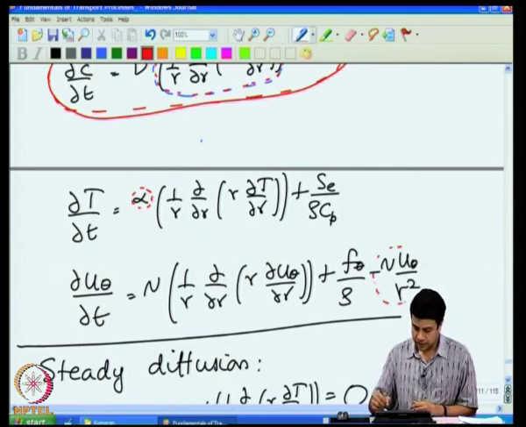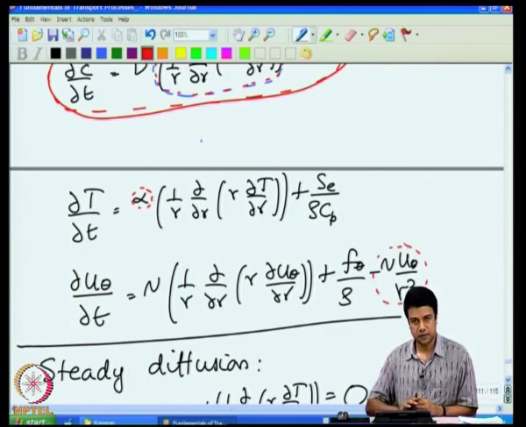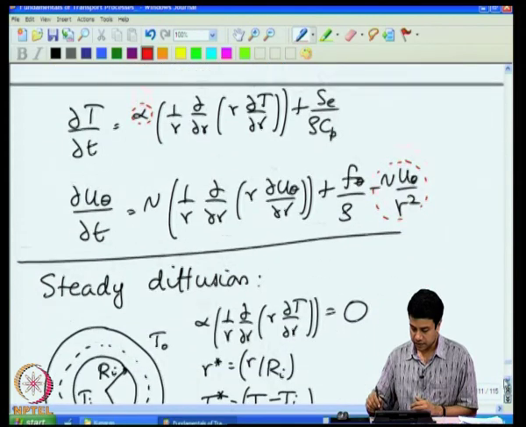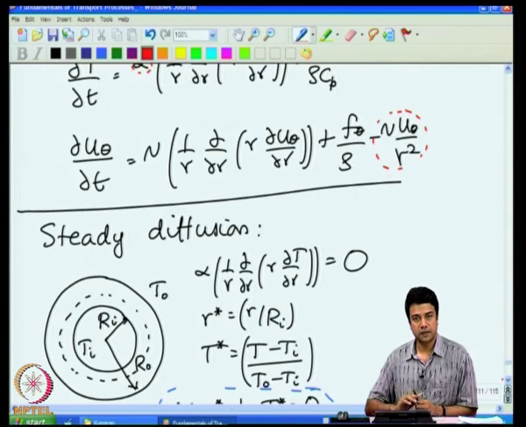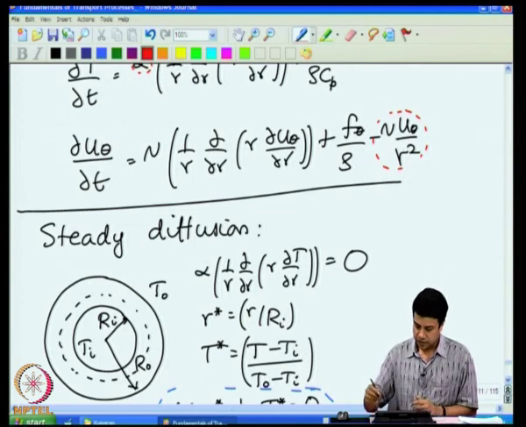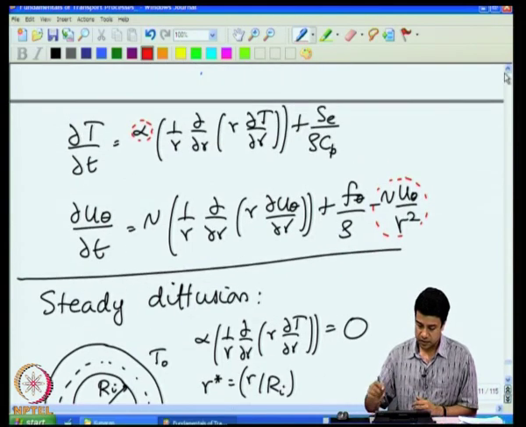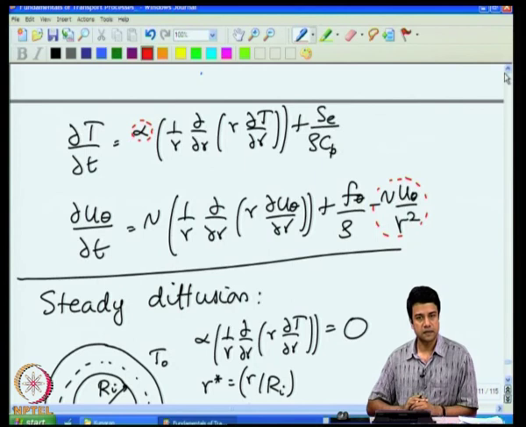The reason for this additional term we will see a little later. We will not go into the details right now. It is a little more complicated to derive, and in order to derive it you need to do a little more complicated vector analysis. Okay. So, the differential form for the equation is slightly more complicated in the case of a cylindrical coordinate system.